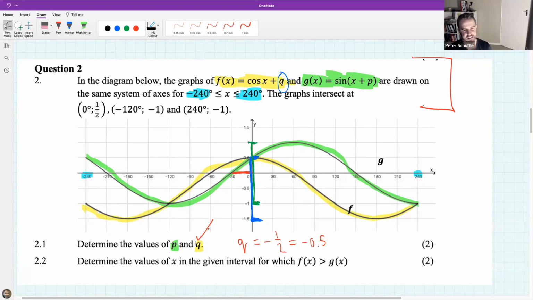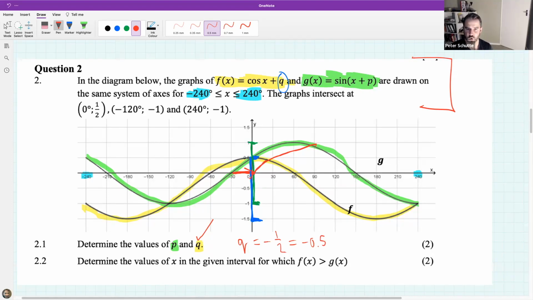What about the P value? What I was showing you with the green graph, the sine graph: normally the sine graph would start over here and go like that. So it's almost like I want to shift the graph.